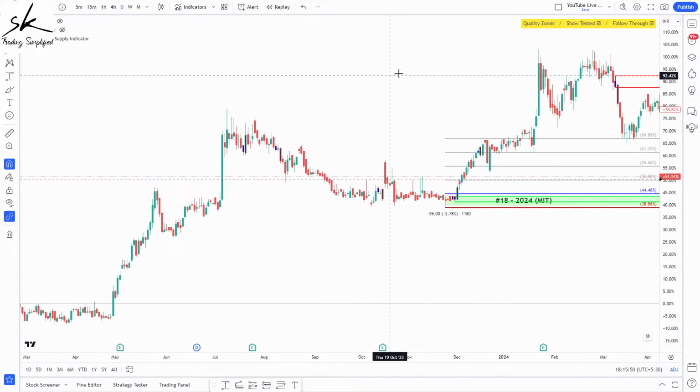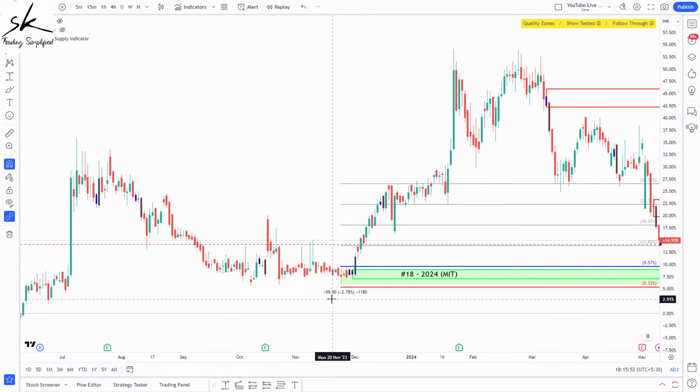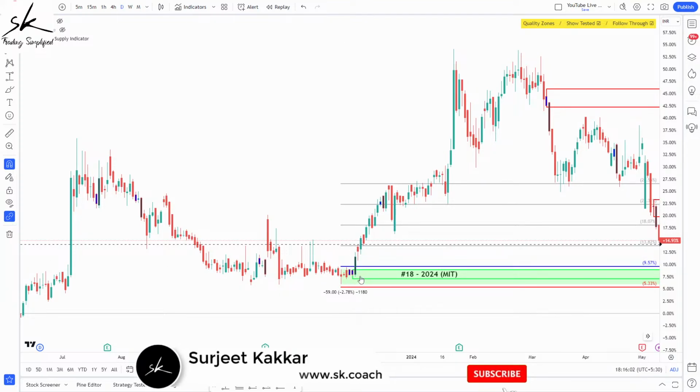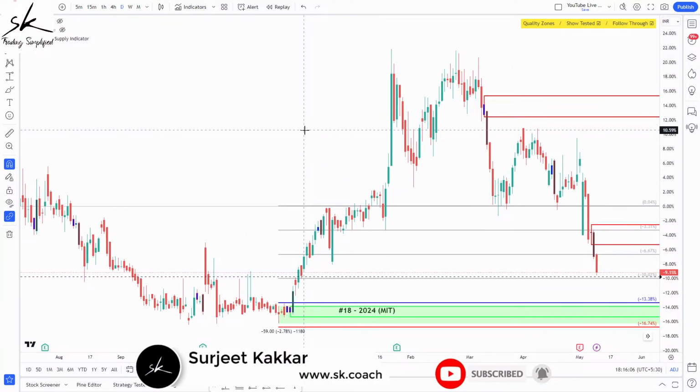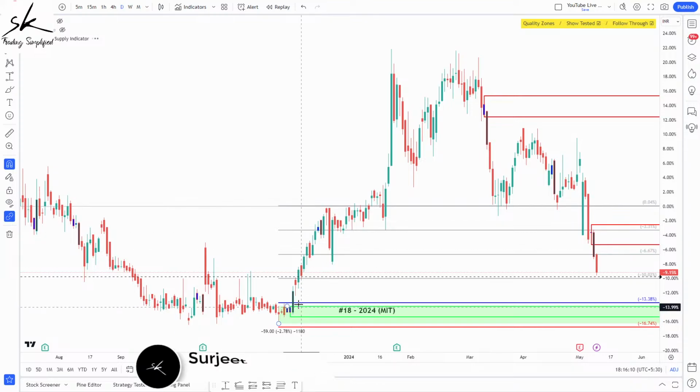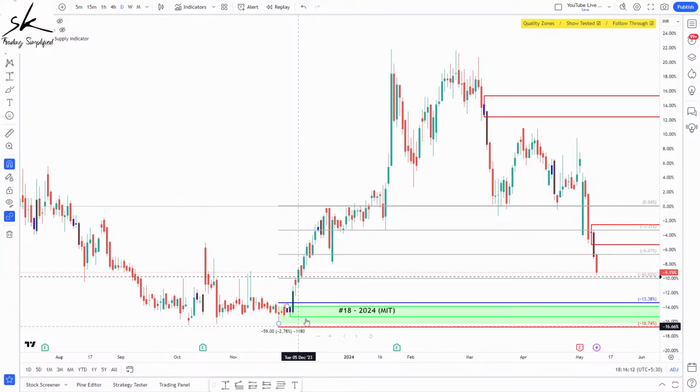If you look at it visually, you might not call it a rally-base-rally, but at least you might still be able to call this area a rally-base-rally structure. And then the same area becomes your weekly zone. So the indicator will identify based on some mathematical calculations, and if those calculations hold true to call it a structure of demand, it will be marked for us. And yes, that's how it is.